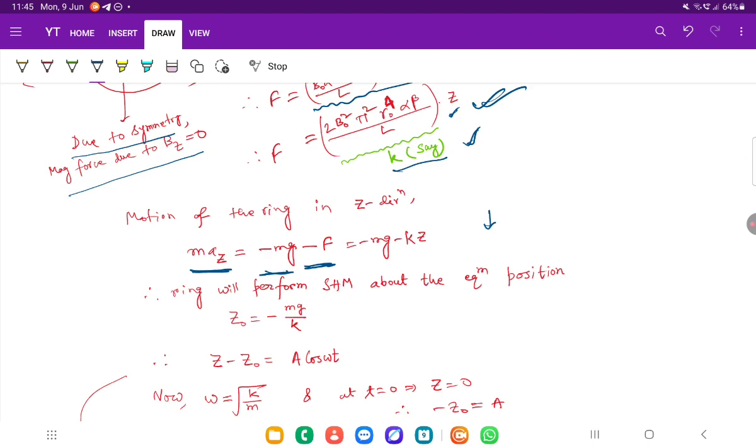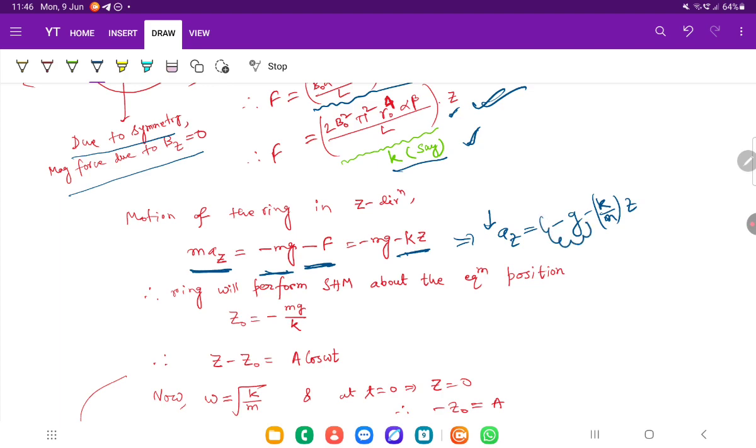So we have put a minus sign before mg and F both, and for F we have substituted k times z. So it's very clear that it's a kind of SHM equation. If you write this as a_z, it will come out as minus g minus k upon m into z.